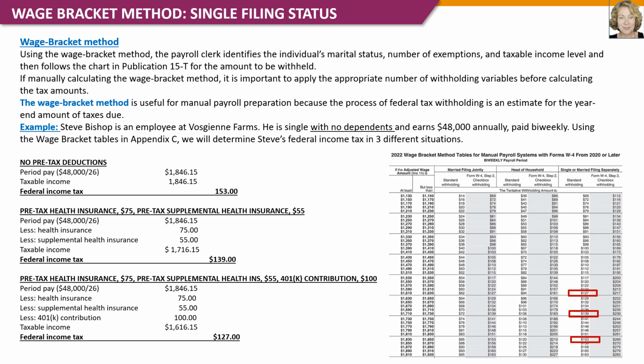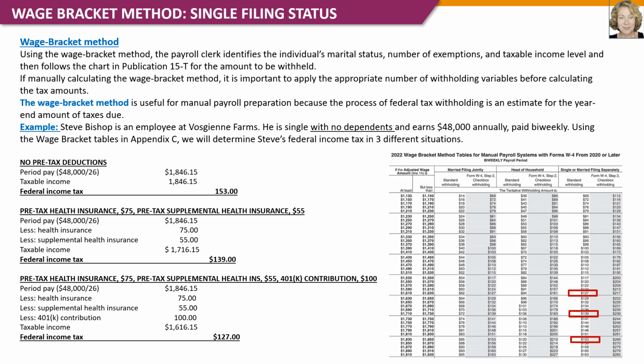If manually calculating the wage bracket method, it is important to apply the appropriate number of withholding variables before calculating the tax amount. The wage bracket method is useful for manual payroll preparation because the process of federal tax withholding is an estimate for the year-end amount of taxes due. The payroll clerk may use Publication 15T, but will be using the tax tables in Appendix C of the textbook.